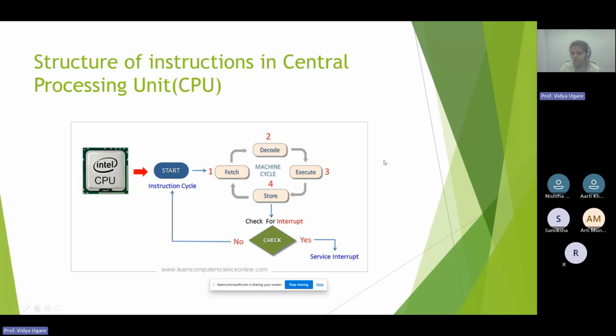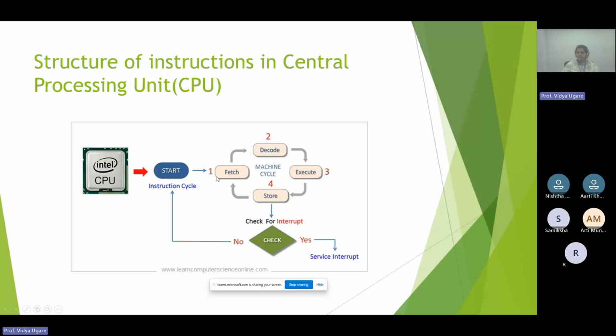Then it is going to actually perform. That is the third step, execute. When it performs, memory is there to store, hold or display, depending on the case. So in an instruction cycle there are four main steps: fetch, decode, execute, and store.